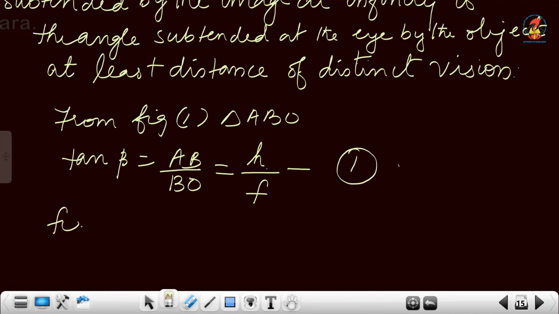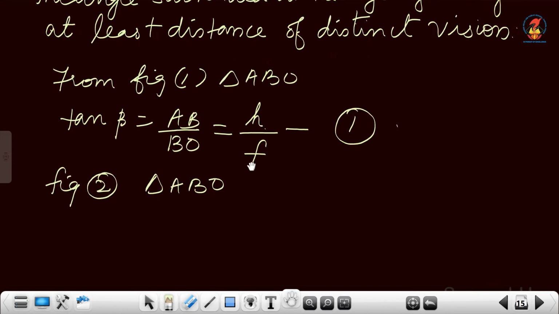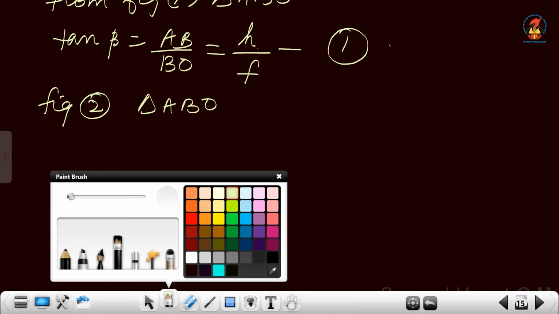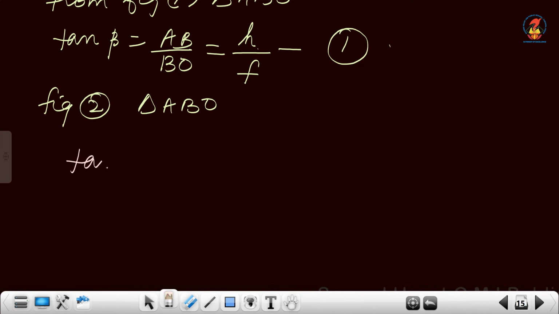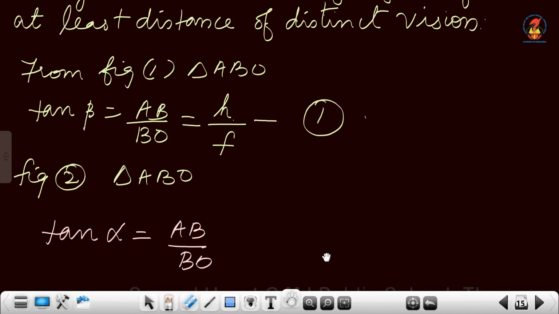Similarly, from figure 2, from triangle ABO itself, we can find tan alpha, which is AB by BO.